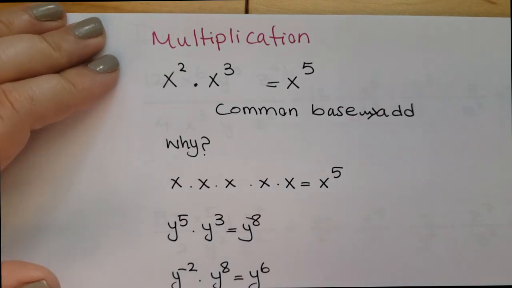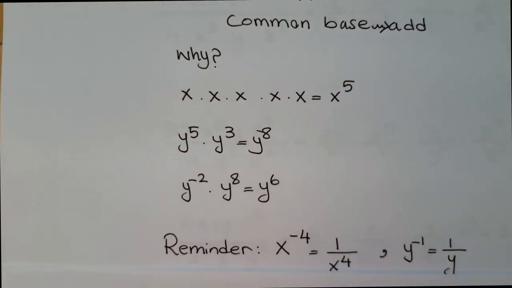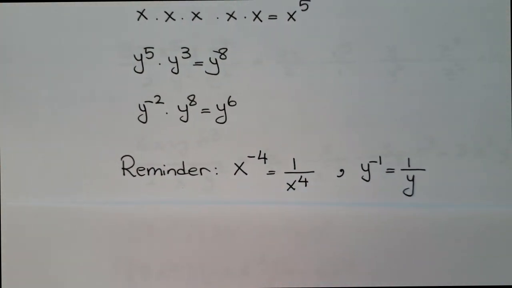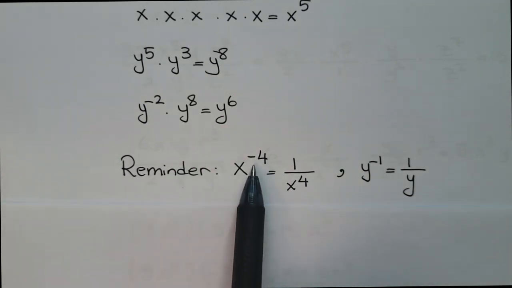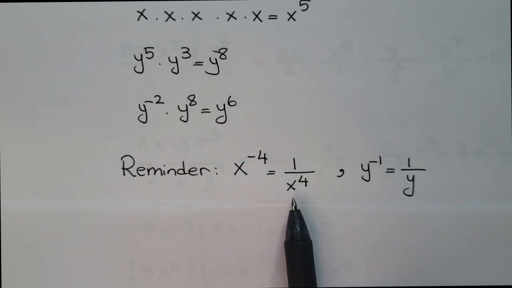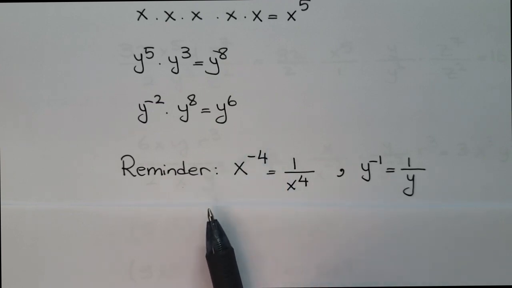Okay, so let me give you just a reminder. When the power is negative, it comes with a negative sign, like here. So x to the power -4, that means it's still x to the power 4 technically, right?